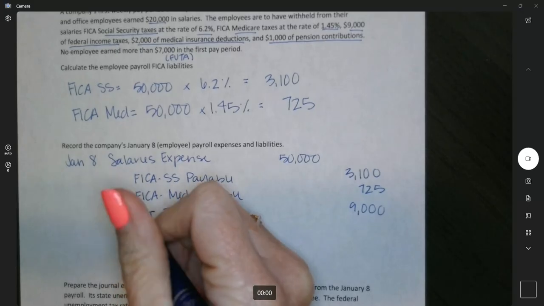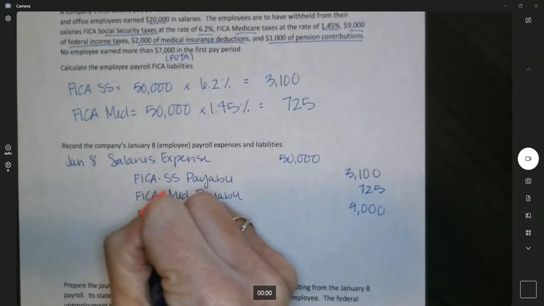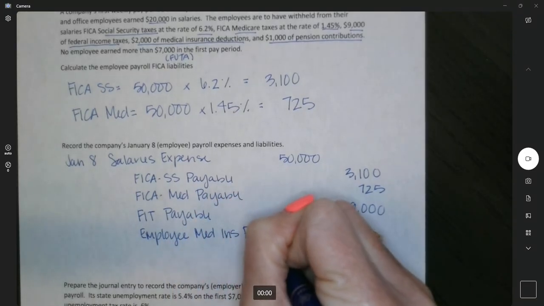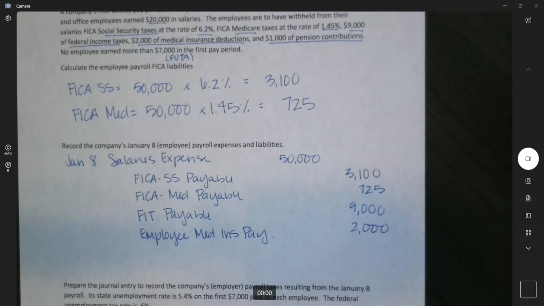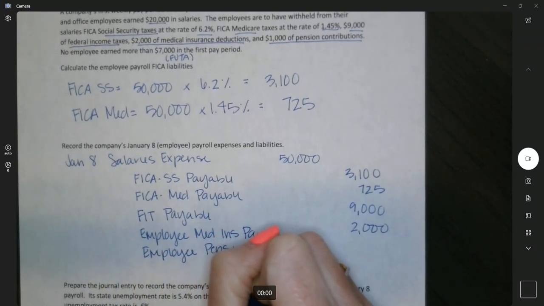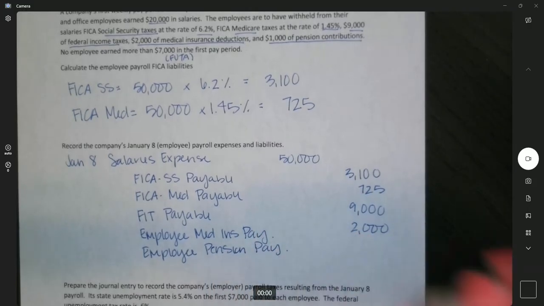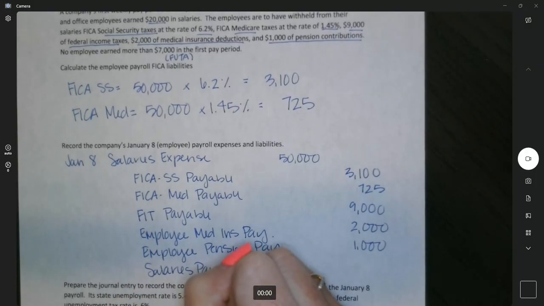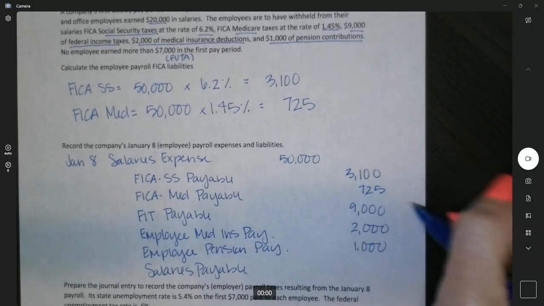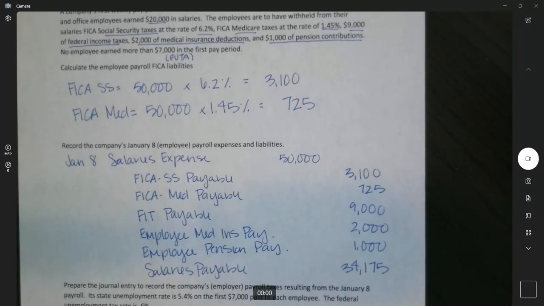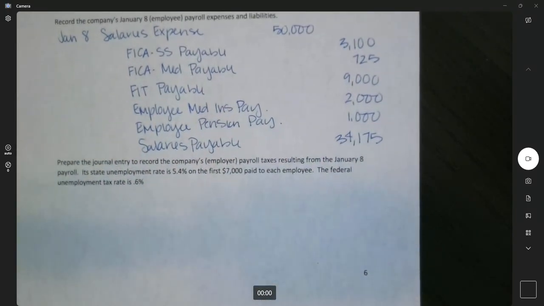Medical insurance, so we'll just put it as employee medical insurance of $2,000, and employee pensions of $1,000. Down at the very bottom, what we have left for our credits is going to be salaries payable. So $50,000 minus all these deductions will be $34,175.